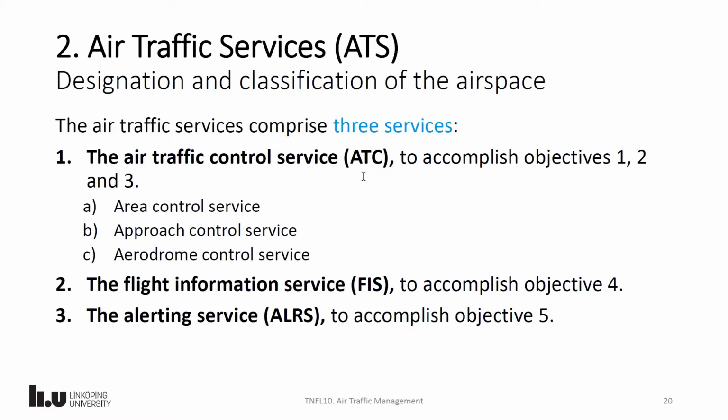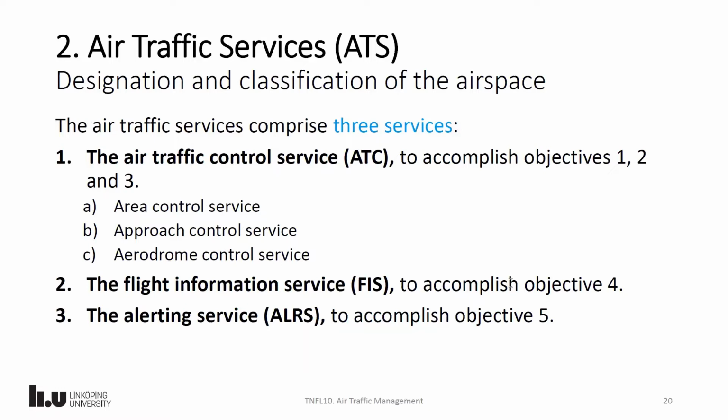We have three types of ATC, which are the area control service, the approach control service, and the aerodrome control service. ATC is basically air traffic controllers in the tower or in the area center, giving indications to the aircraft, and basically controlling that they are not bumping into each other and that the flow is okay.